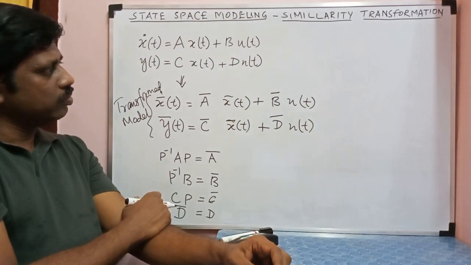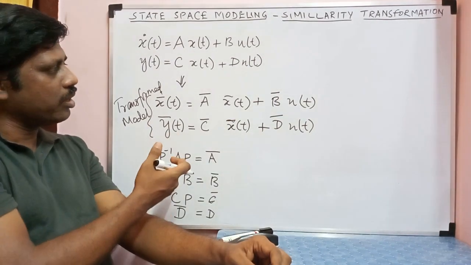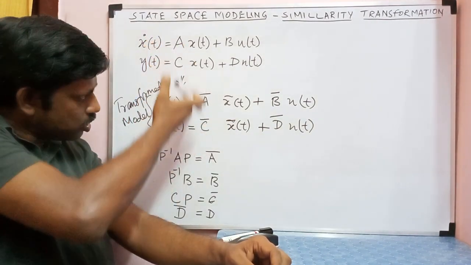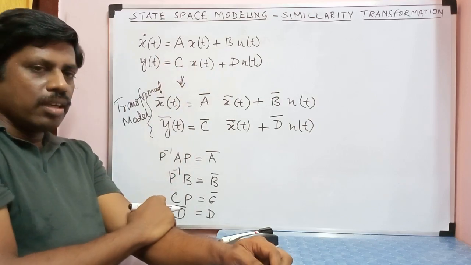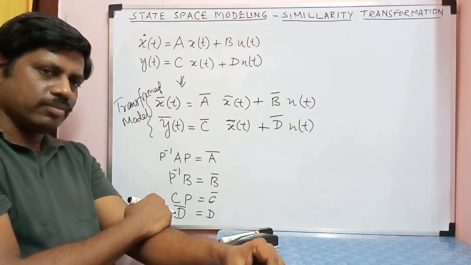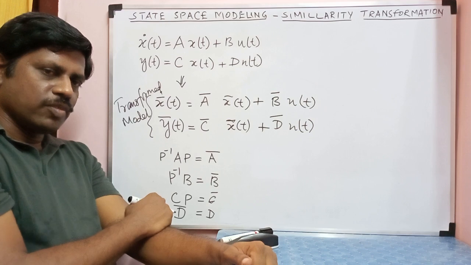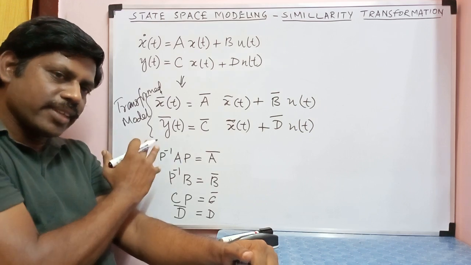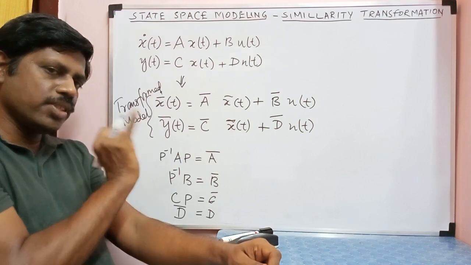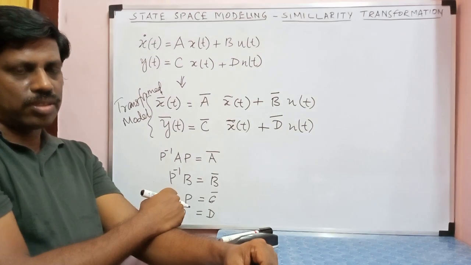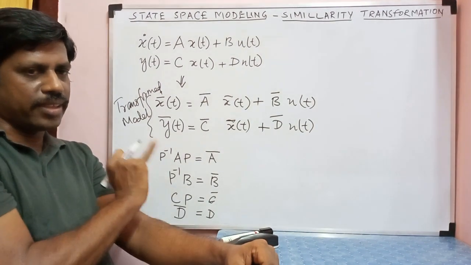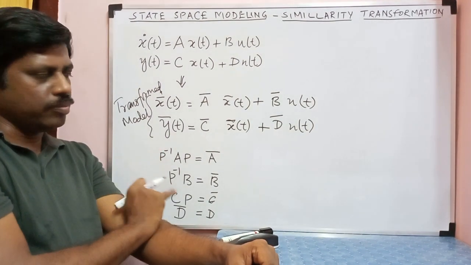So when do you say that these two state space models represent the same system? What are the things that characterize a system? First thing is the characteristic equation. The characteristic equation should not change.